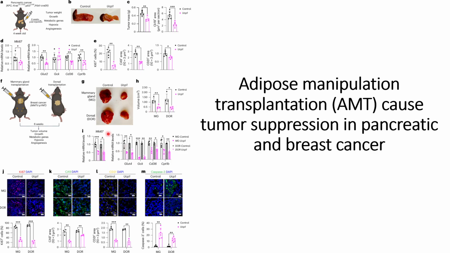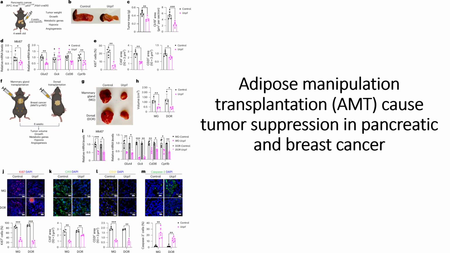Similarly, the proliferation markers MKI67, GLUT4, GCK, CD36, and CPT1B also go down where breast cells are co-transplanted with adipose in which UCP1 is upregulated. These are the immunofluorescence images of Ki67.